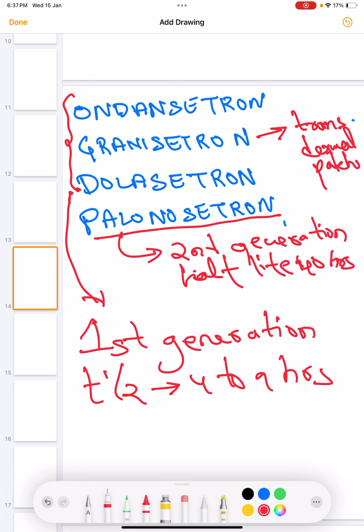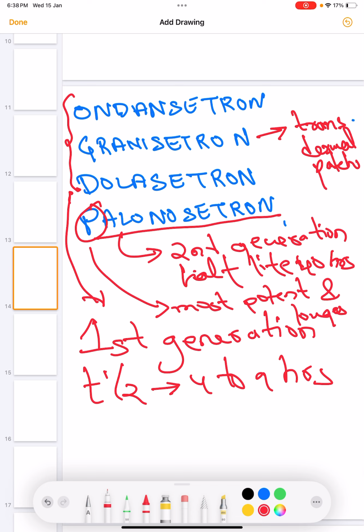This palonosetron, P for you can remember, is the most potent and longest acting 5-HT3 receptor antagonist.